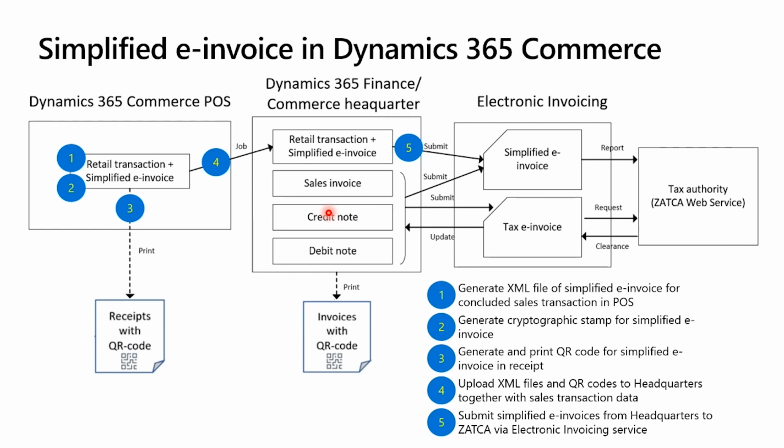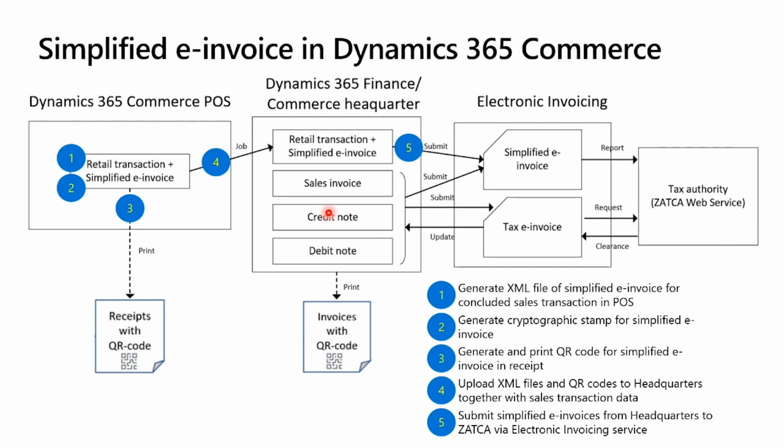And when the clearance is received for this tax e-invoice, this clearance also contains the QR code for this e-invoice, and this data is sent back to Dynamics 365 Finance, and then the invoice can be printed with this QR code, etc. Right.